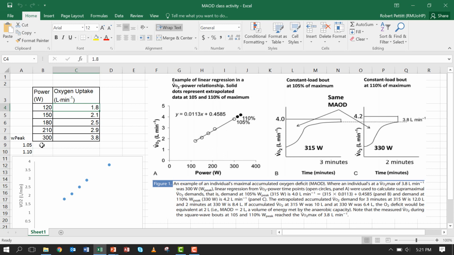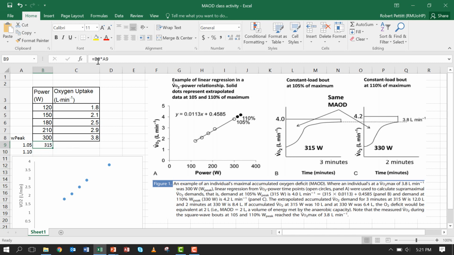And so then what you do is you say, well, let's go ahead and calculate 105% of this value, the W peak. And so I'll do that: 315.